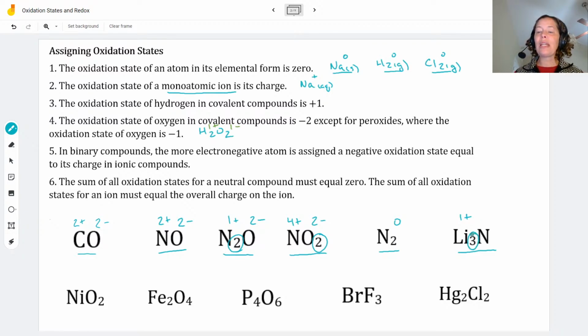There are 3 lithium, so that gives us an overall oxidation of +3, which means that nitrogen must be -3. Again, we're looking at a neutral compound here. You could have done this the other way. You could have started with nitrogen, which as an ion has a charge of -3, therefore that is its oxidation state, and then used that to find the lithium. But they both work together and they both are following all of the rules.